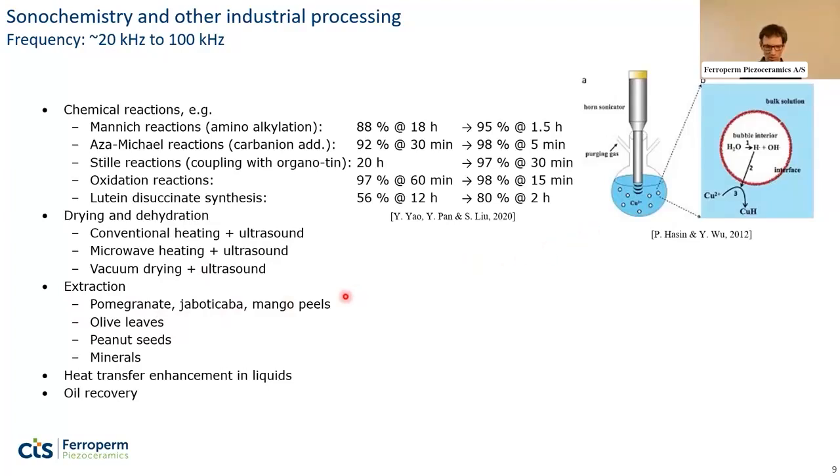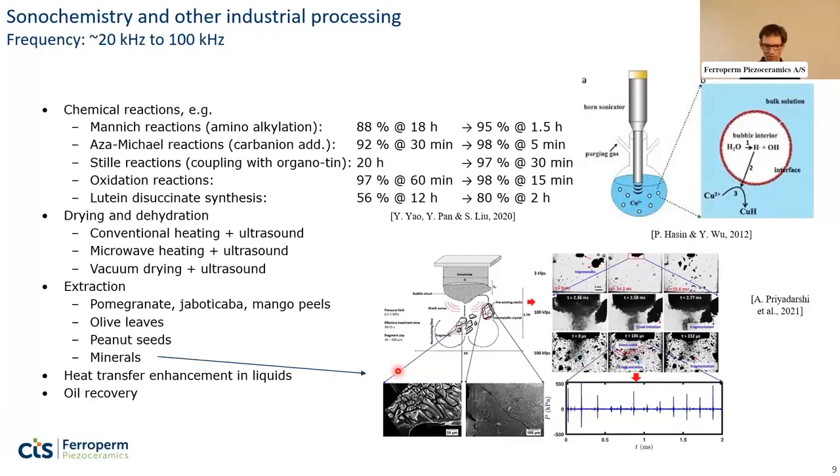And yet another example I have here is extraction of minerals. So this case is actually some intermetallic compound of aluminium and zirconium, where you have a much better extraction using the effect of ultrasound, where you can, for example, break large agglomerates into smaller agglomerates and get a higher active surface.